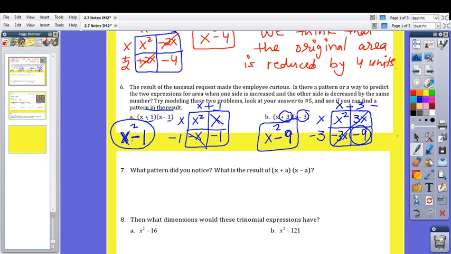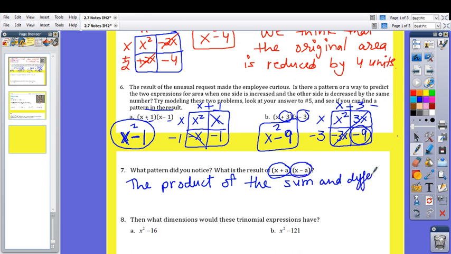the x squared. We have another term that we are taking away from the x squared. So, then in this one, it is asking what pattern did you notice? What is the result of this? So, we will say the product of the sum, which is this, and the difference, which is this, of x and a.